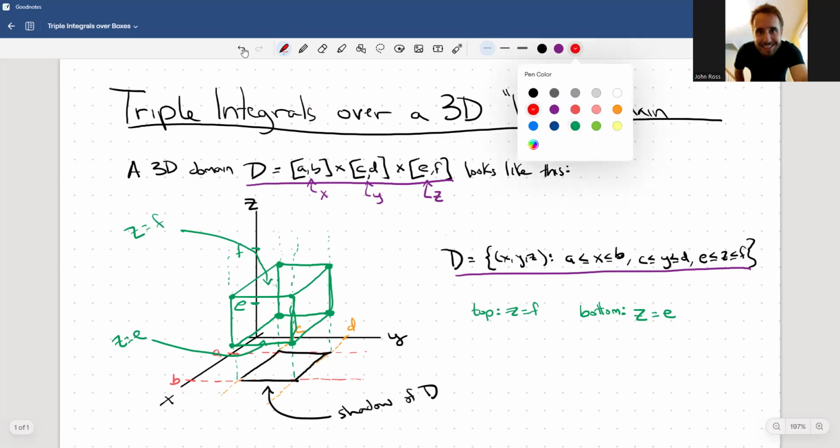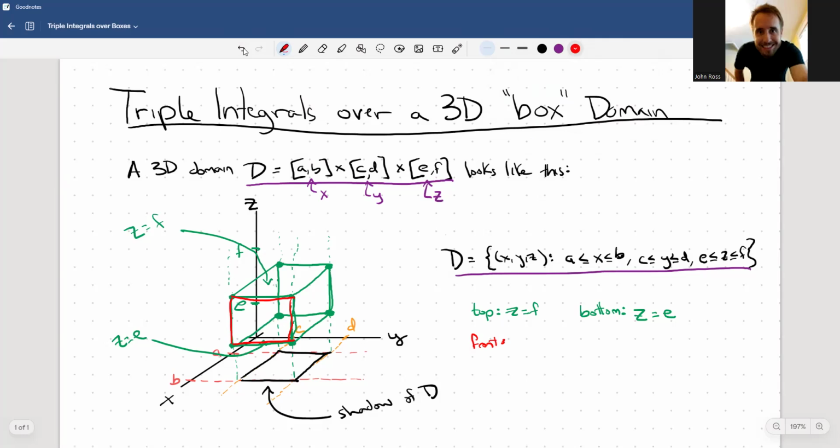And then we've also got, let me see what I can do here as far as color coding goes. We've got the front, from our perspective, the front face. That is going to be, I'll erase this to keep it relatively clean, but that's this face right here, so the face that is closest to us, the viewer. And notice that aligns with the plane that corresponds to x equals b.